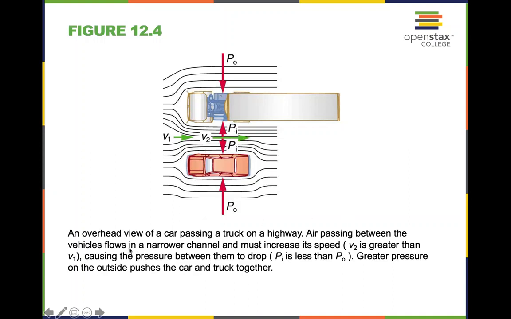Air passing between vehicles flows in a narrow channel and must increase speed, which is why you have these airways constricting here. V2 is greater than V1, causing the pressure between them to drop. Pi is less than Po. Greater pressure on the outside pushes the car and the truck toward each other.